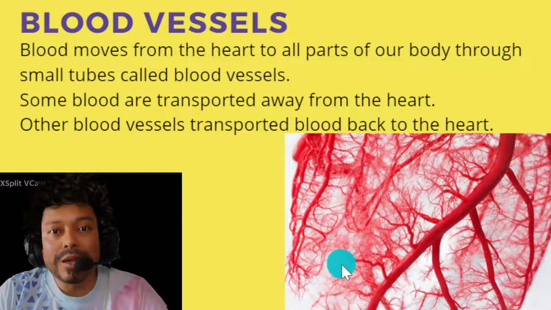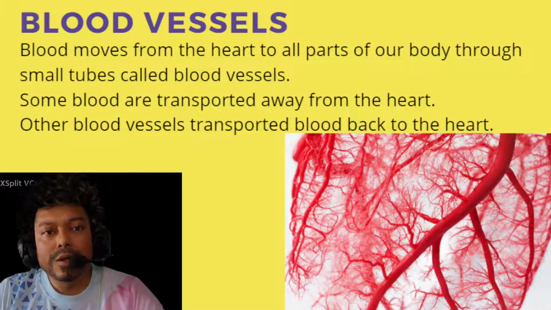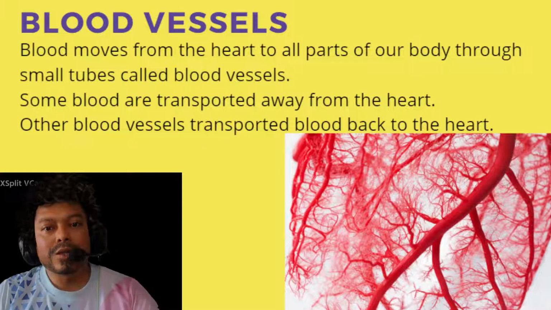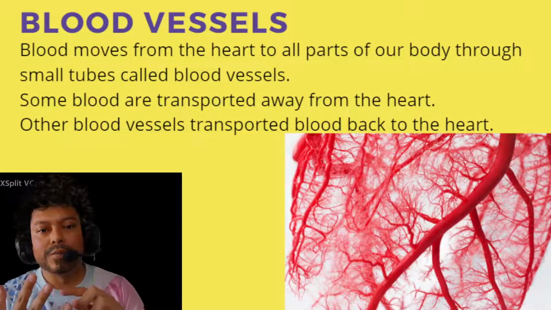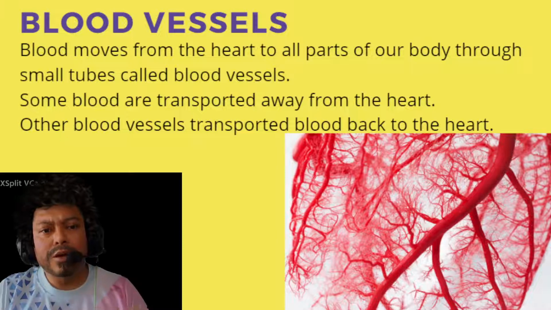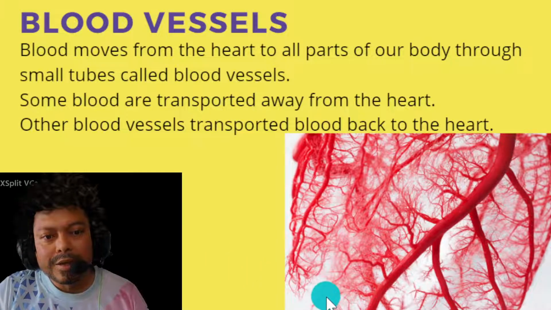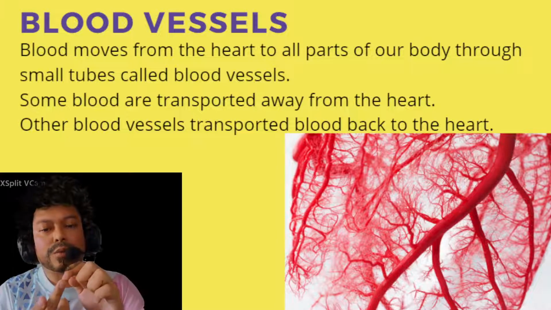There are special names for these tubes, but for year 5 you only need to know them as blood vessels. When it gets to the end, like this finger, the tube moves until the end of your finger. It will be very, very small, like this end.